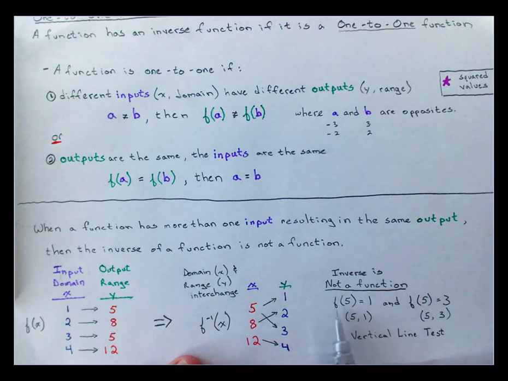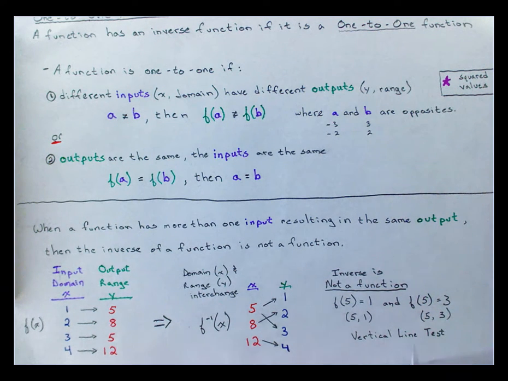Another way to look at it: when the x value is 5, f of 5 equals 1, but also whenever x is 5, it equals 3. Remember your vertical line test, I would intersect that function in two places.